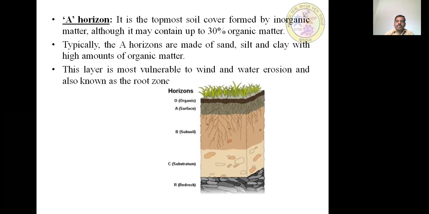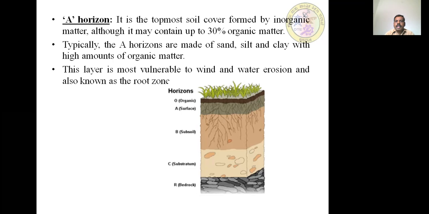So in the picture, you can see the horizons like O horizon, A horizon, B horizon, C horizon, and R horizon. So coming to A horizon, it is the topmost soil cover formed by inorganic matter, although it may contain up to 30% of organic matter.